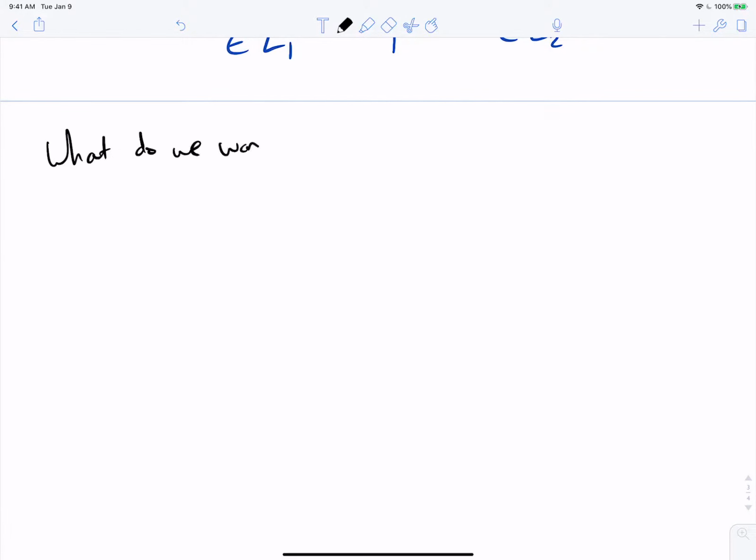But another thing that we're going to allow is that we can have any number of transitions from a state on the same input.